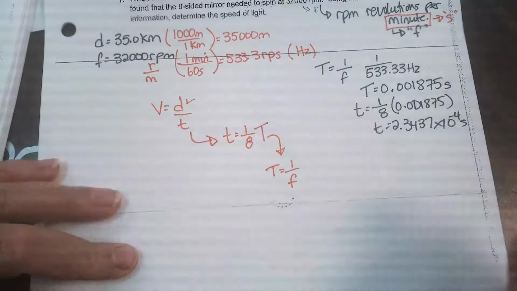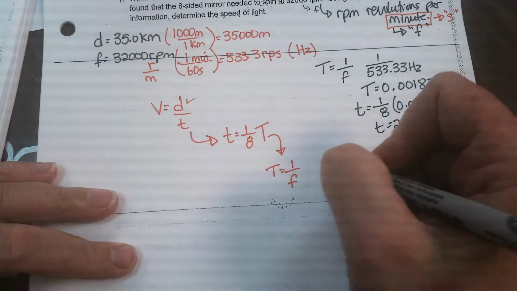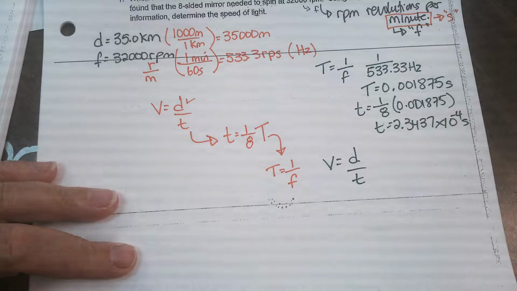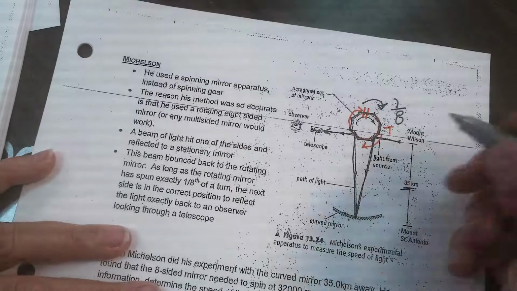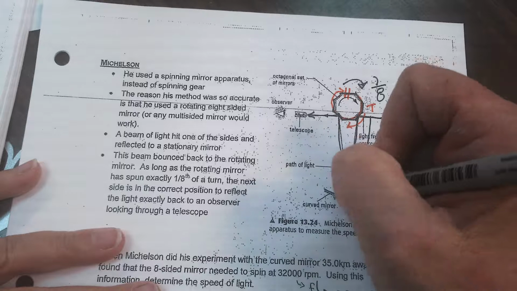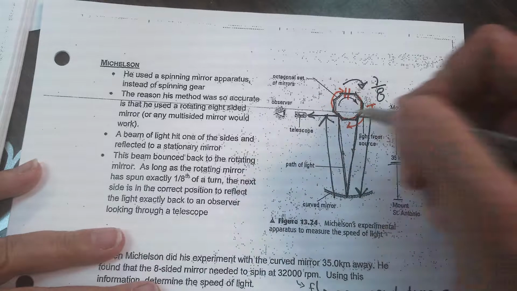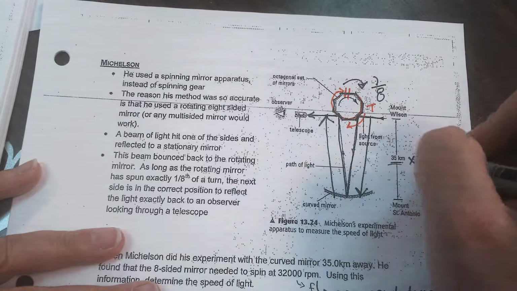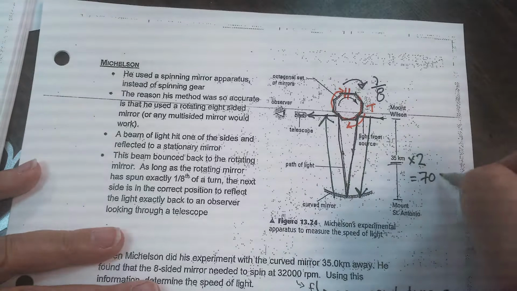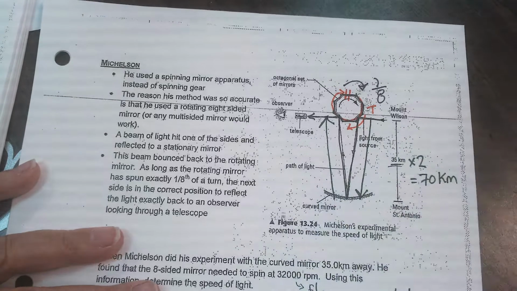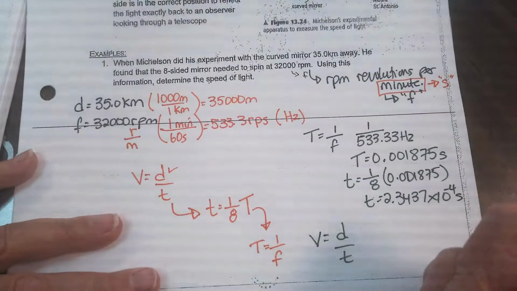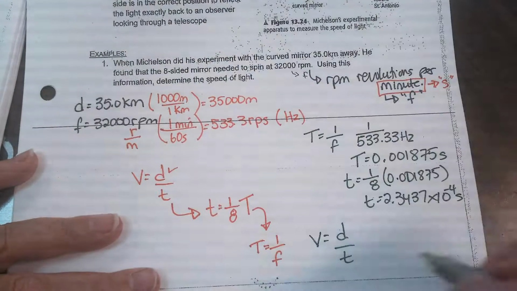Now I can go and I can solve my velocity. It's equal to distance over time. One of the things that we need to pay attention to is that the time had to go this way and then it had to go this way. So the distance is actually times 2. That light beam actually traveled 70 kilometers. Okay, so the distance to the mirror and then from the mirror to the observer.